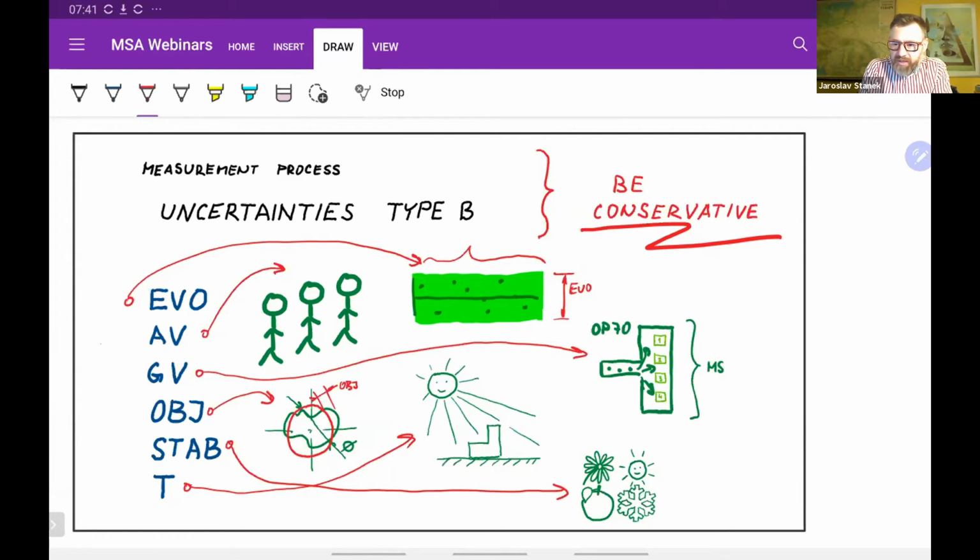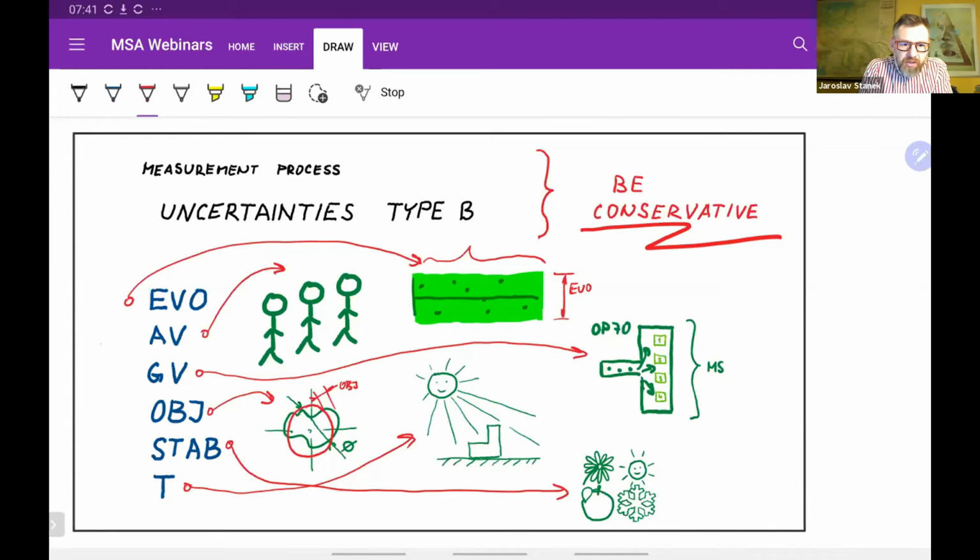And this is a separate topic. We will be covering this in one of the future webinars, specifically how to treat the heat expansion and what is the measurement error on the temperature difference.